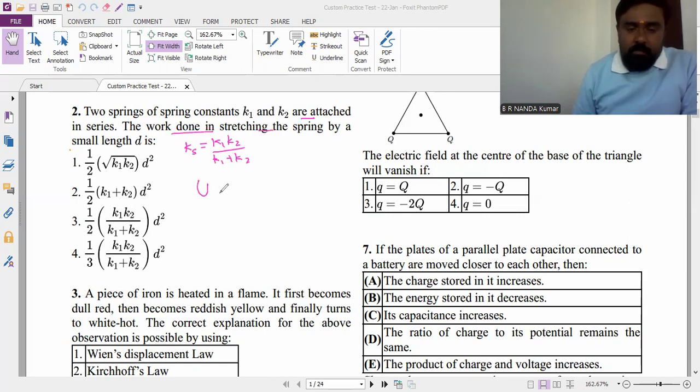The work done is actually stored as elastic potential energy. U is equal to W. W is equal to half Ks into D square. So work done is equal to half, Ks is K1 K2 divided by K1 plus K2, into D square. So the right answer is the third option.